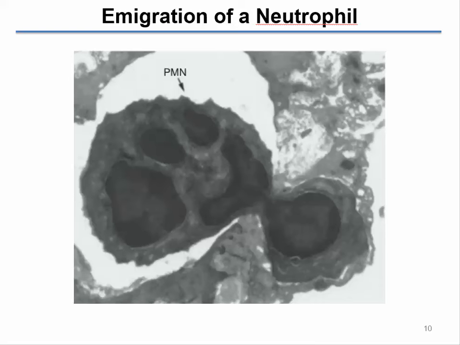It's interesting that in the labs, they tend to call them polys. Physiologists tend to call them neutrophils. They're the same thing. And so you can see this one squeezing through the endothelial cell.